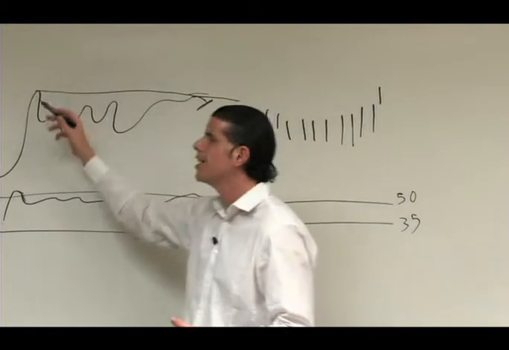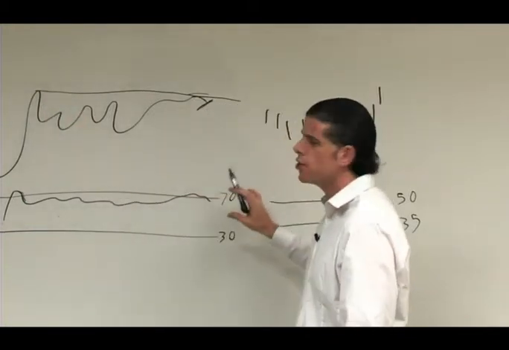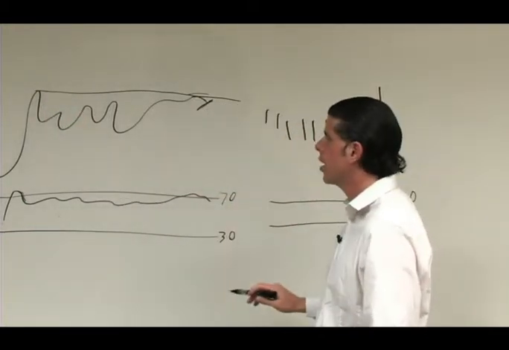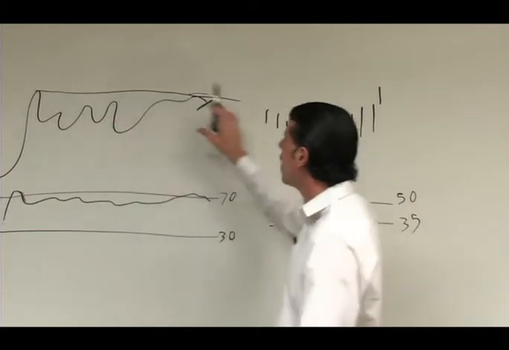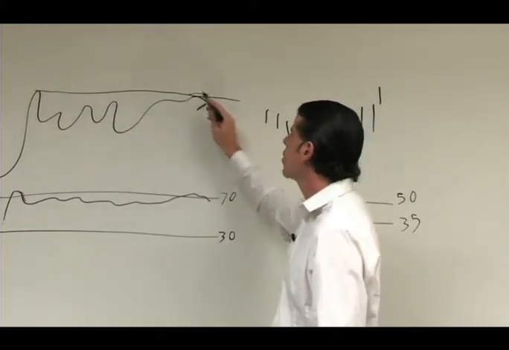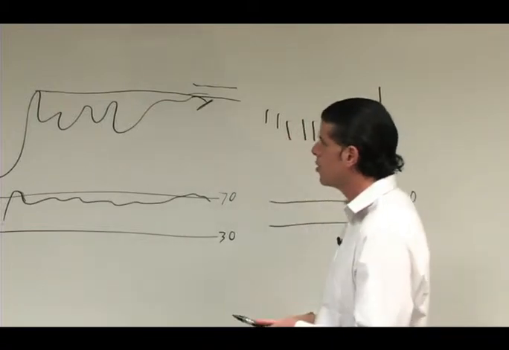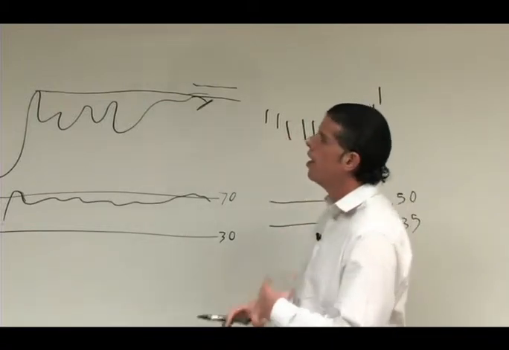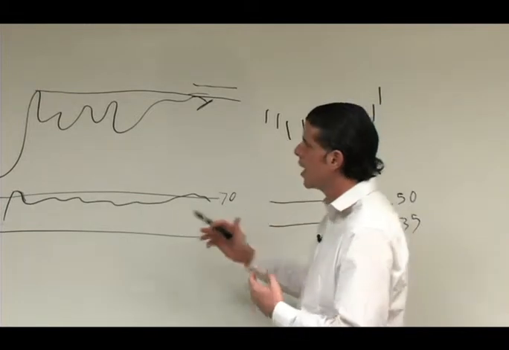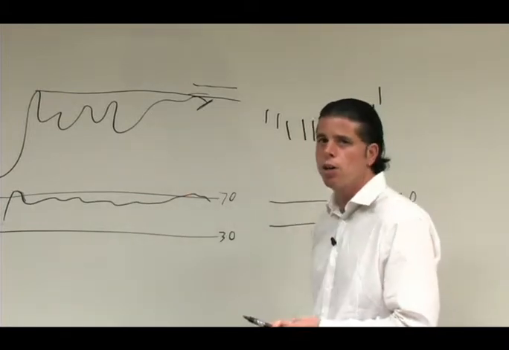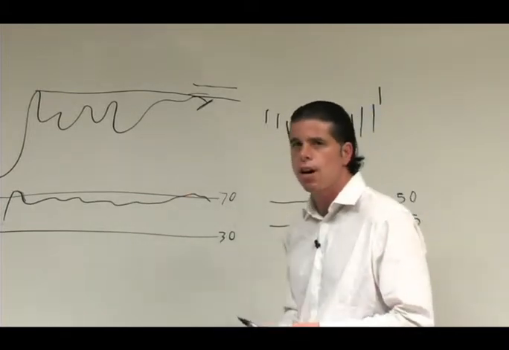Now, if this high didn't exist, I probably would not enter this trade based on the RSI signal alone. But I know here I have a valid resistance line. I'm going to enter the trade here and place my stop above that line. So I have two confirmations now, one with the RSI and the other with a price-specific indicator, a simple resistance line, which will increase the chances of success on the trade.